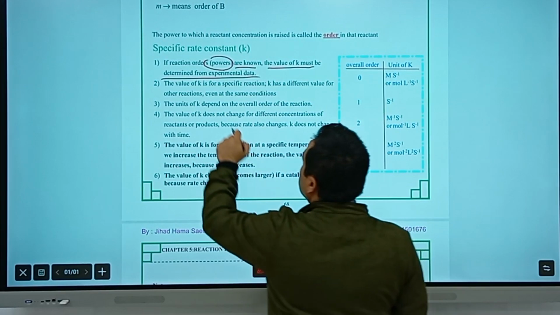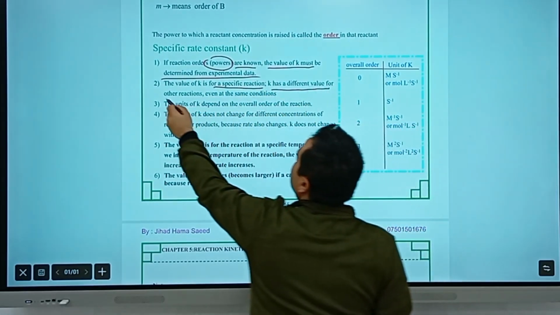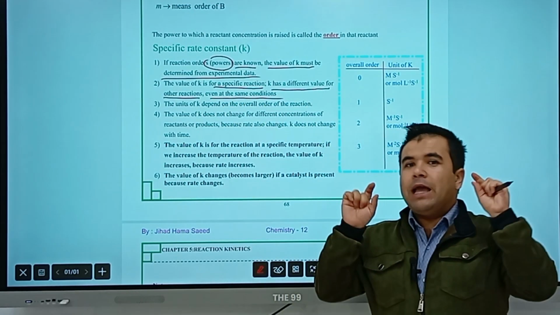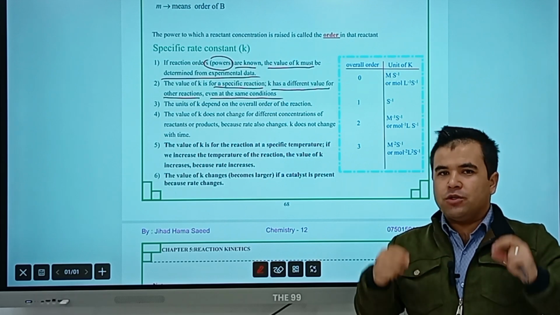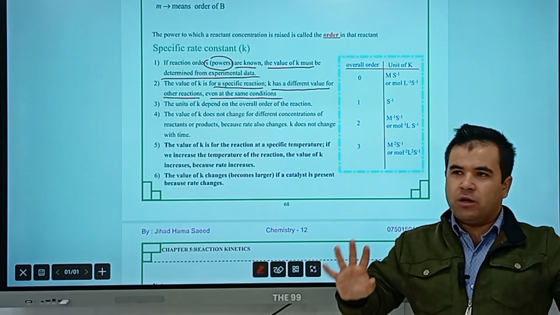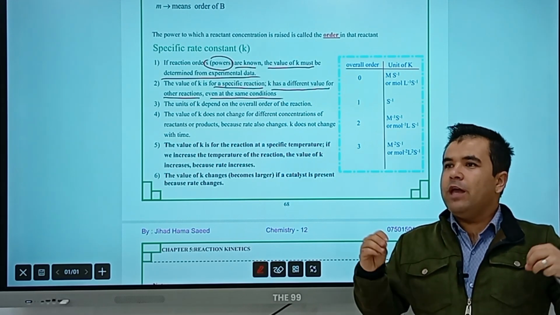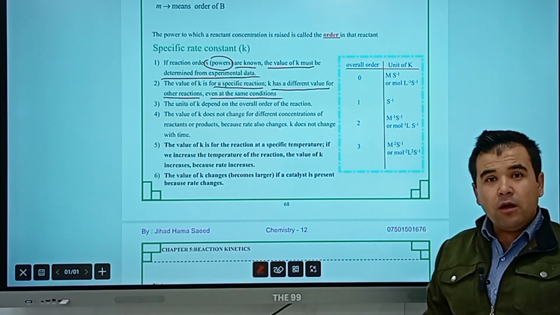Second, the value of K is for a specific reaction. K has different values for other reactions, even under the same conditions. Guys, for every individual reaction, even with the same temperature and pressure, we have different values of K. So if we have millions of reactions, there will be millions of values of the specific rate constant.